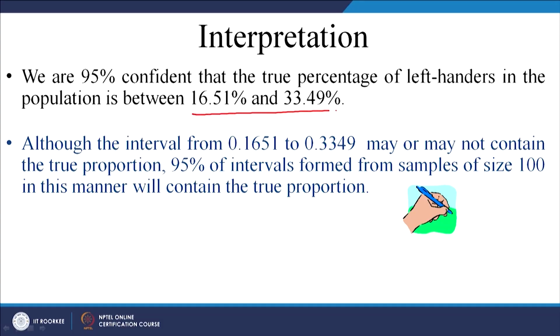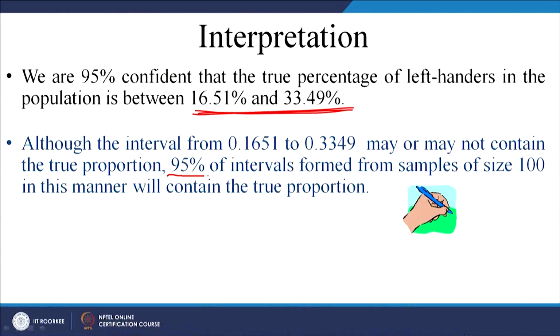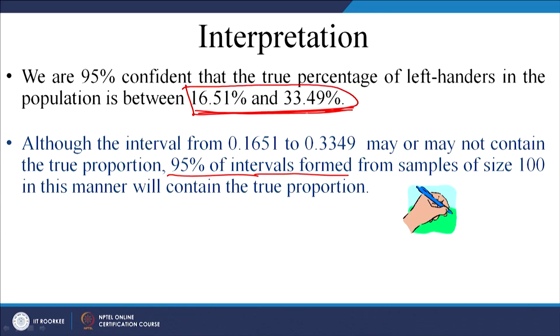It is not necessary that the sample proportion or the population proportion would lie in this range. What we said when we discussed the confidence interval of the population mean is that we are 95% confident, or 95% of the intervals so formed from different samples of size 100, the population proportion would fall in this range.